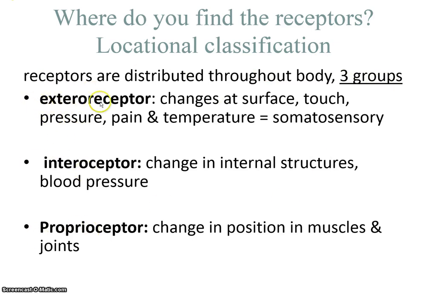So these are what you're seeing in the skin model, right? Touch, pressure, pain, temperature. And then intero, change in interior things. And these are, again, generally mechanoreceptors or chemoreceptors, but they would be within the body, not on the surface. And then proprioceptors are changes in position. So think P for P. And these we find almost exclusively in the joints of the body.